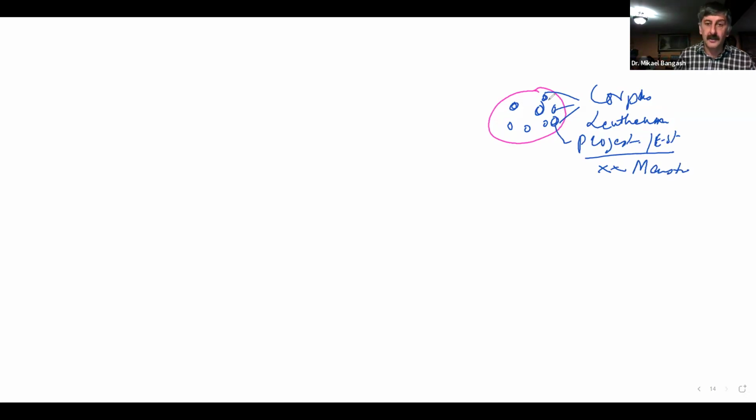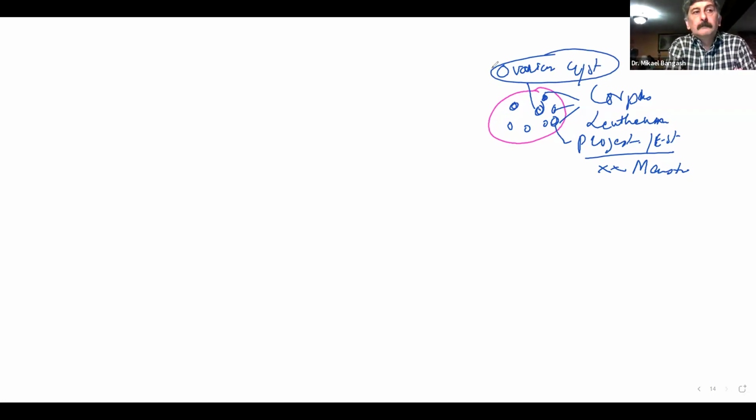So these are corpora lutea that you may find on the ovaries. It's what we can call ovarian cysts. Did you guys get that?